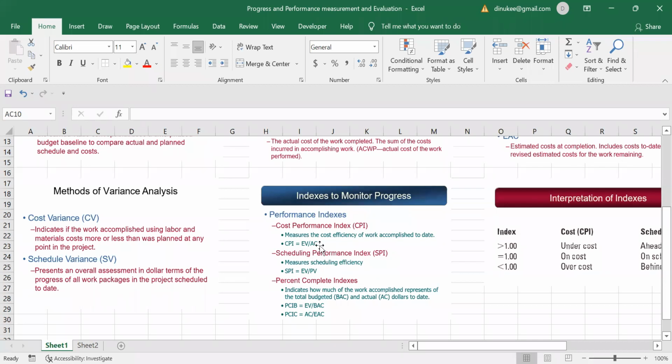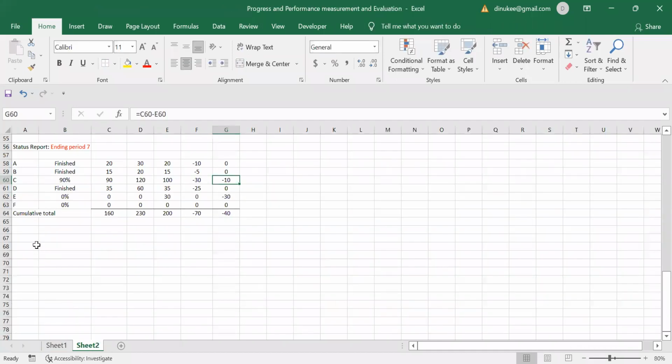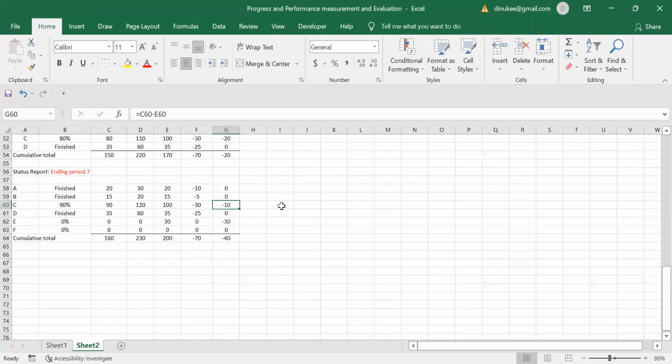For the date of accomplishment, how much cost efficiency do we have, right? Earned value divided by the actual cost.